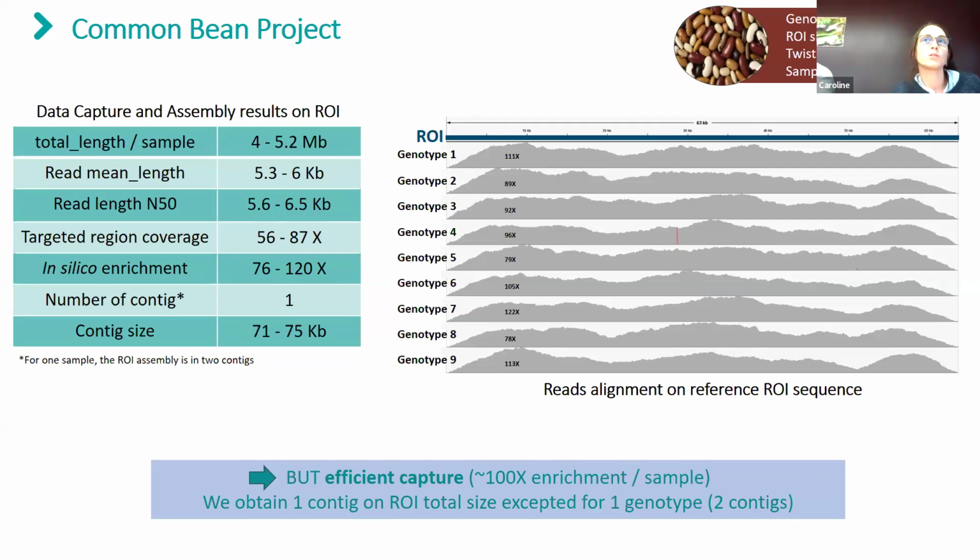We can note that for the genotype whose region of interest was assembled in 2 contigs, the breakpoint corresponds to a dip in coverage observed in all the genotypes at this position. So even though the sequencing yield was lower than expected, the capture was efficient, and finally we succeeded in obtaining an assembly of the region of interest for each of the genotypes.